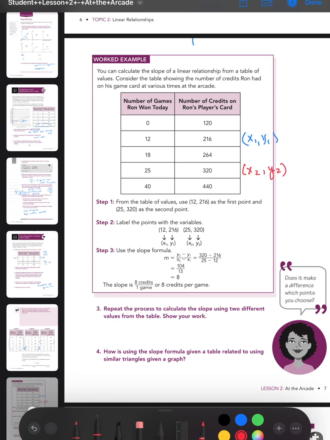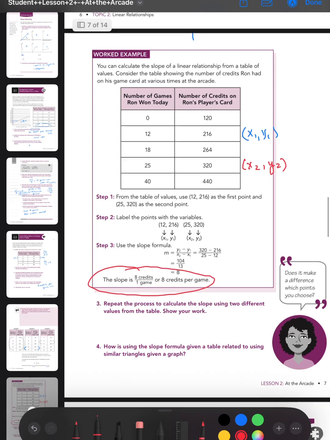Then plugging those in, y2 minus y1 over x2 minus x1. The one time you have to be careful is if you're dealing with negative numbers. If we're subtracting a negative, be careful with your signs and realize minus a negative is going to turn into a positive. But you'll see we get the same slope, same unit rate we've been looking at, whether we got it from the table or the graph before.